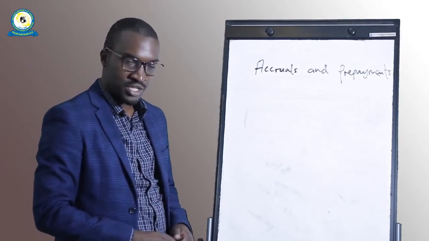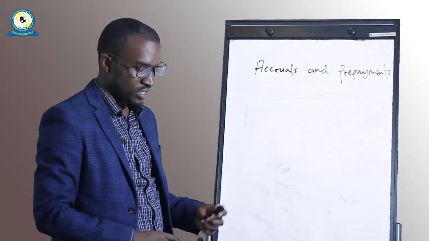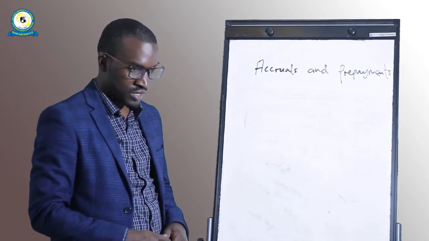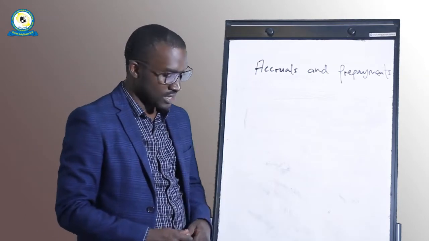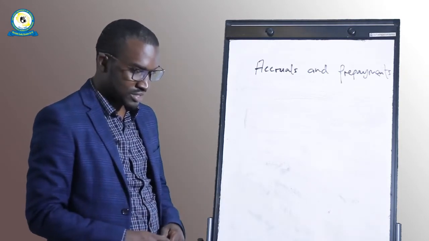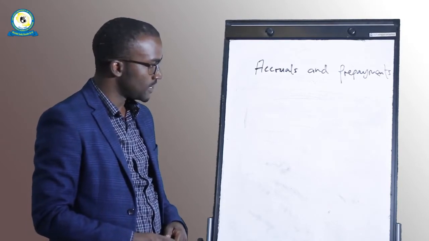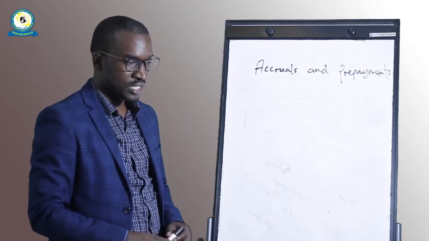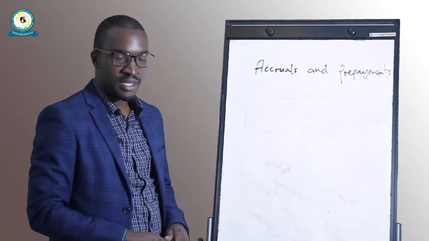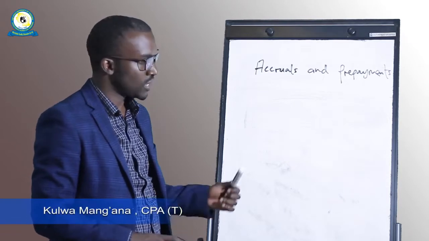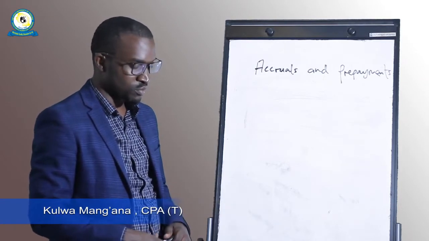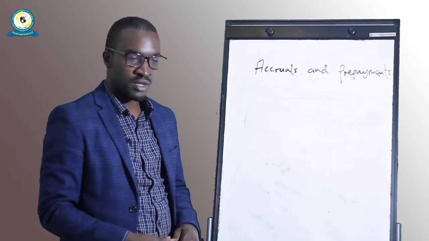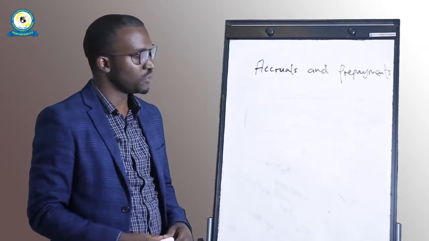It is my expectation that you'll be able to employ the knowledge behind accruals and prepayments before you prepare your final accounts. Normally, we take accruals and prepayments into consideration at the end, when we adjust the final records before we come up with the final accounts.